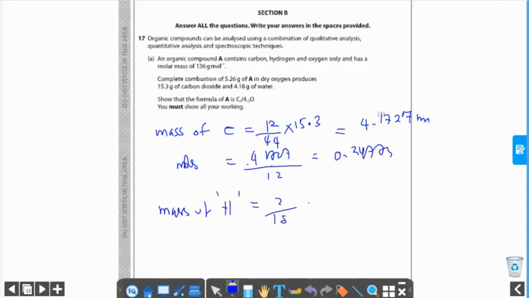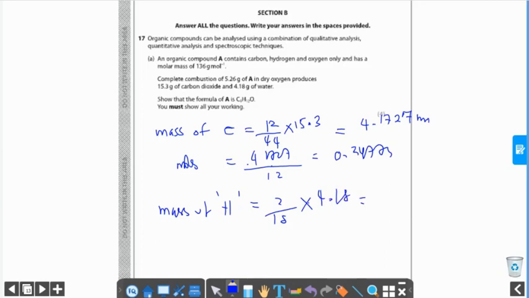Same way, we can find the mass of hydrogen. If you take 18 grams of water, there will be 2 grams of hydrogen. So how much water is there? 4.18, right? So 4.18 has how much?